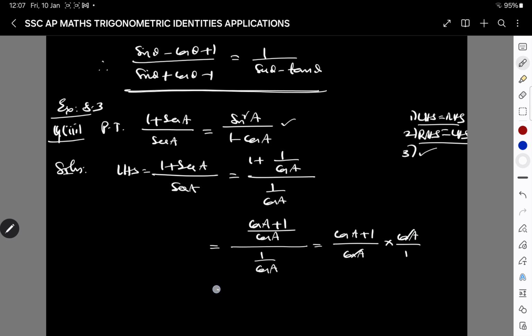You can cancel this. So this is equal to cos A plus 1. This is how you reduce it. LHS is reduced to this.